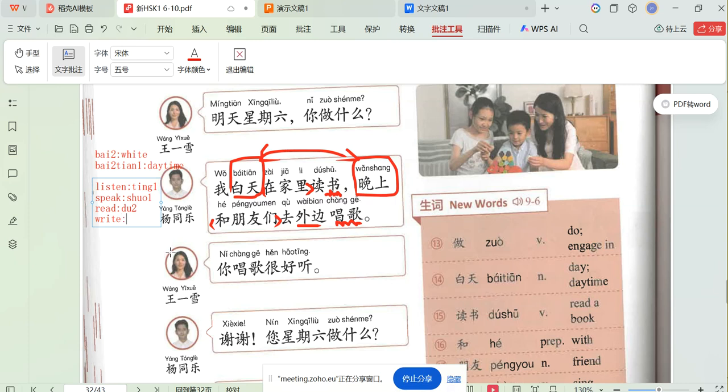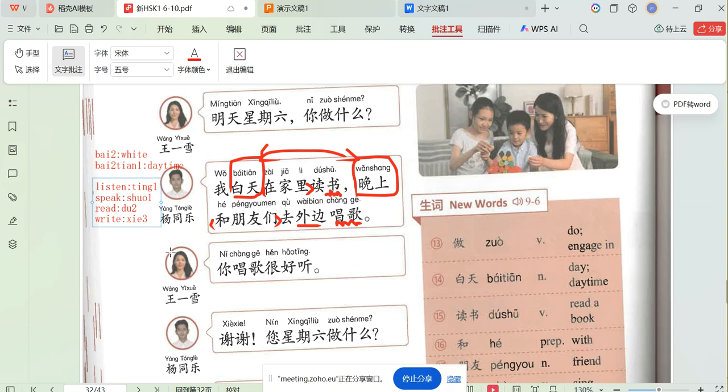To write. In Chinese, you write Chinese characters. Write is 写. So you can hold your pen doing this action and say 写.